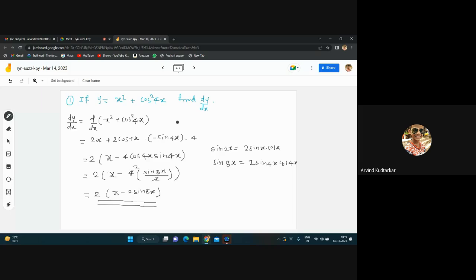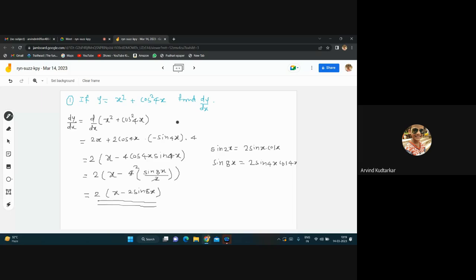So before discussing the next example, I will discuss some results in differentiation. The derivative of x raised to n is n into x raised to n minus 1.